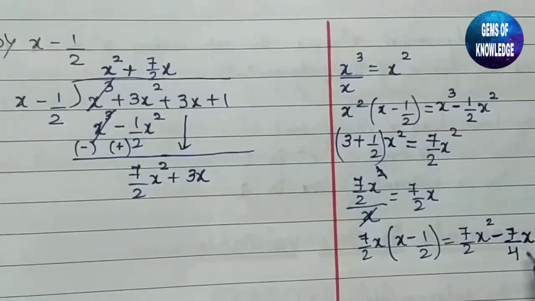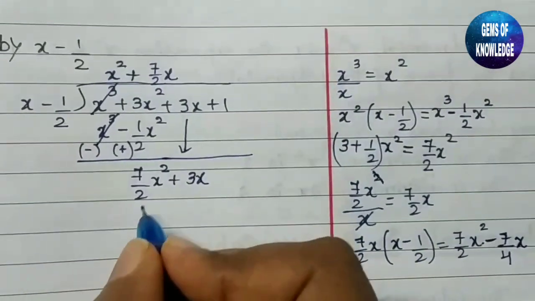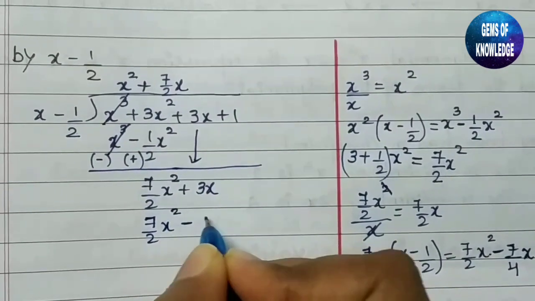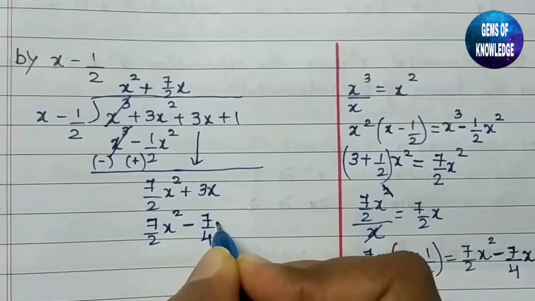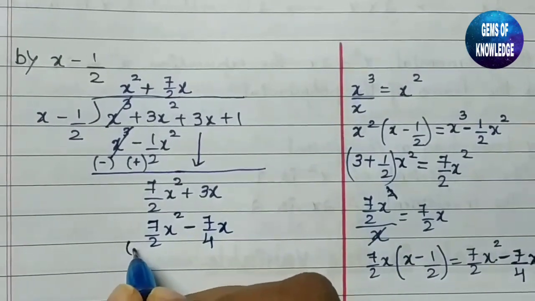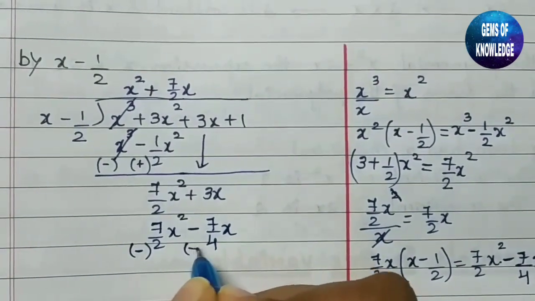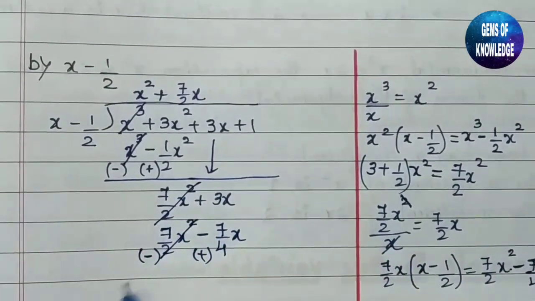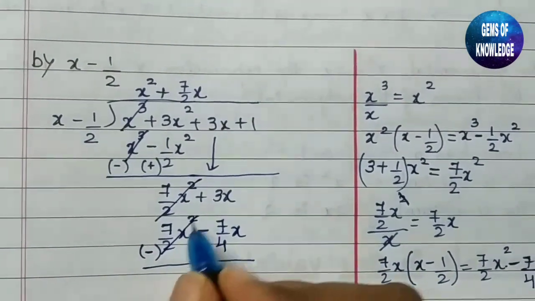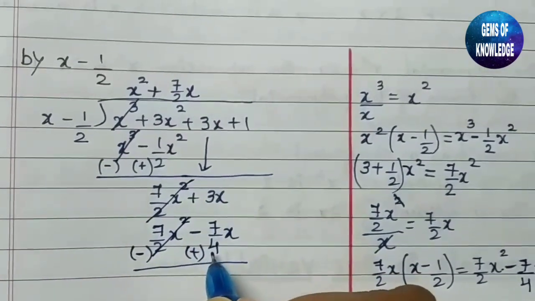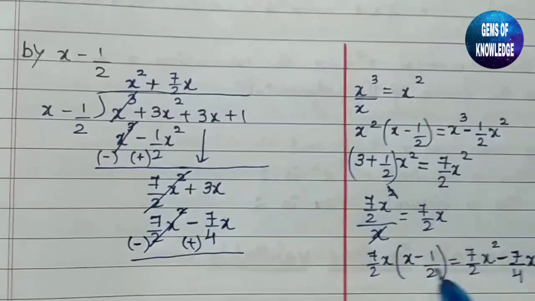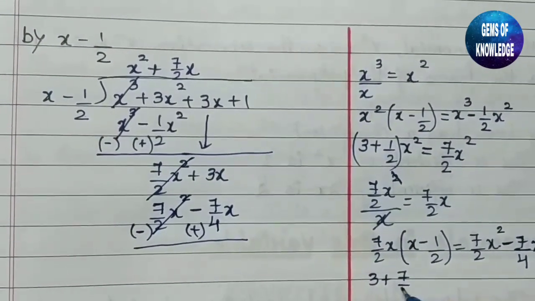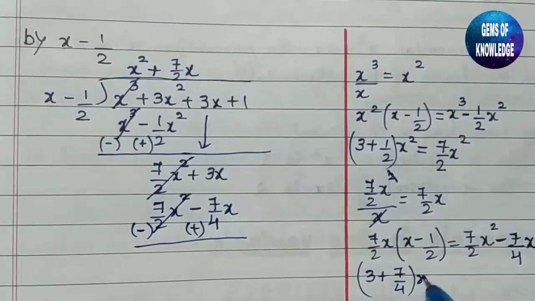Now this whole term must be written below this, that is 7 by 2x square minus 7 by 4x. Here plus will be changed into minus and this minus will be changed into plus. So this term and this term will be cancelled. What is remaining is 3 plus 7 by 4 of x.